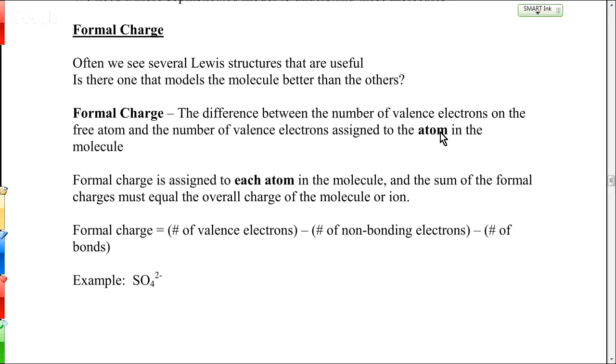Where are they localized, rather than over the whole molecule. Now, that doesn't mean that in the actual structure there's a charge on that atom. That's why it's called formal charge. It's a form to use to help us understand it. So we're going to calculate formal charge for each atom in a Lewis structure, and then we're going to look at how to minimize that.